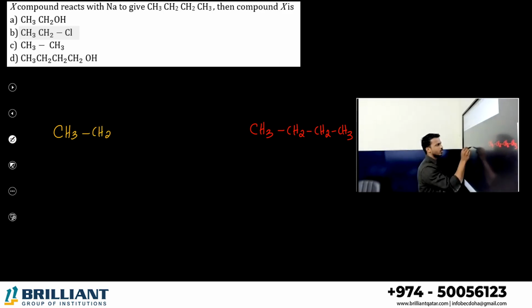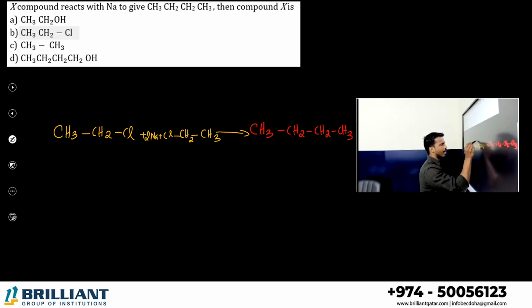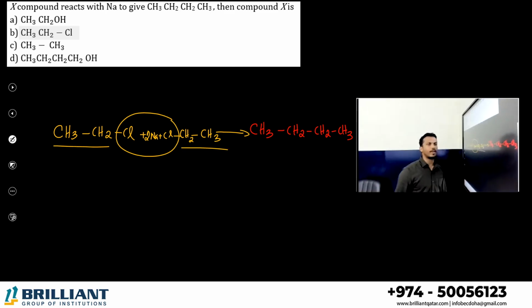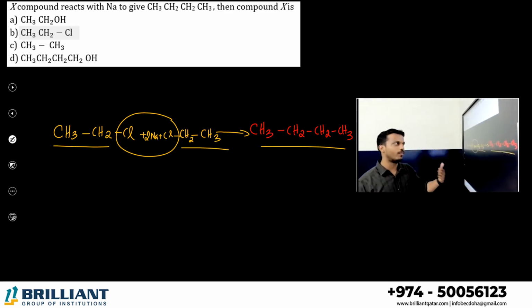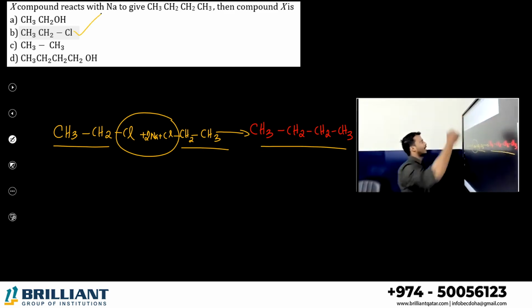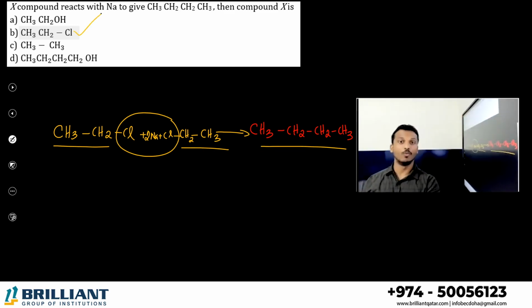CH3, CH2, Cl, ethyl chloride. Take one more ethyl chloride, CH3, CH2, Cl, and mix with 2 sodium metal. What will happen? 2 sodium chloride eliminated, and the ethyl groups will combine together. We will get butane. So in order to get butane, we have to choose ethyl chloride as per Wood's reaction.